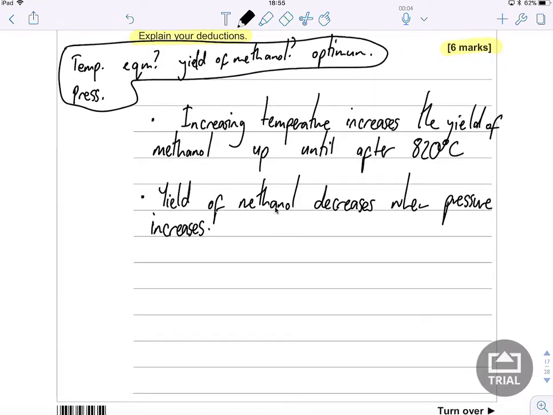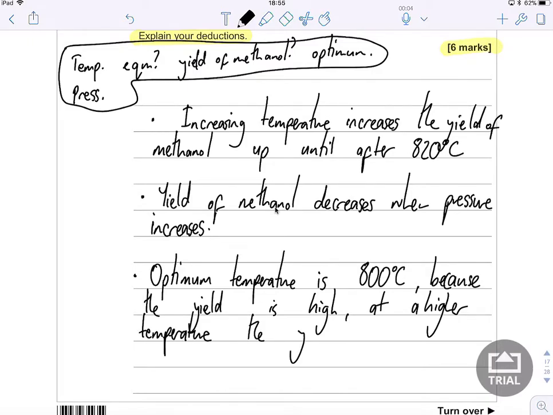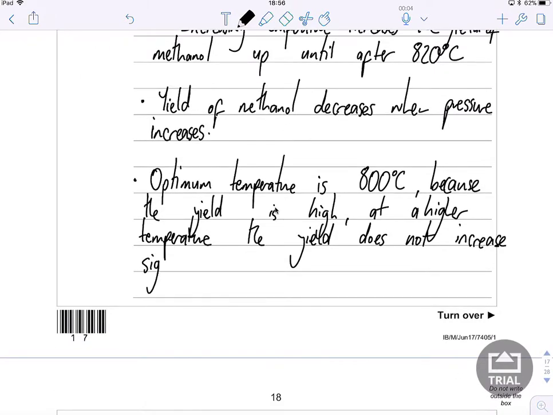So I'm going to say that the optimum temperature is 800 degrees C, and I'm going to say because the yield is high at a higher temperature, the yield does not increase significantly.